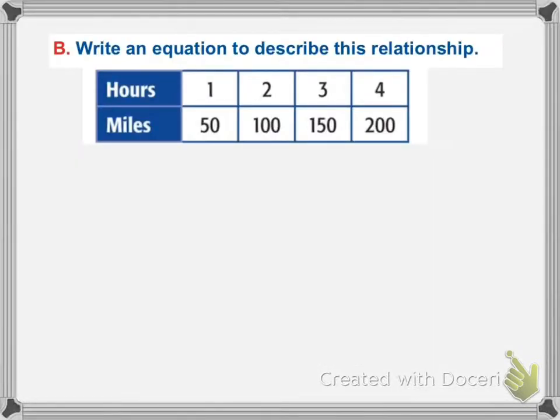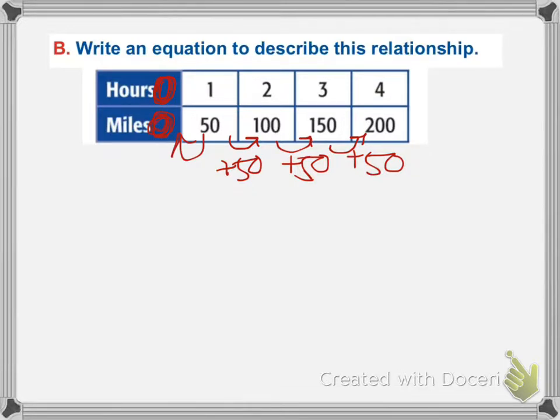Now let's do one more. This is the last one, so go ahead and pause and give this one a try. Hopefully when you found your pattern, you had a plus 50 every time. When you found your zeroth term and subtracted 50, you end up at 0, 0.